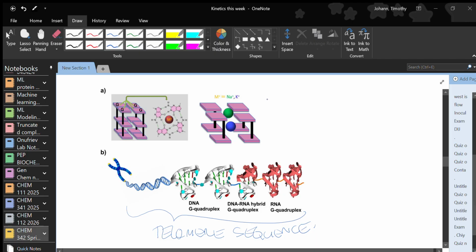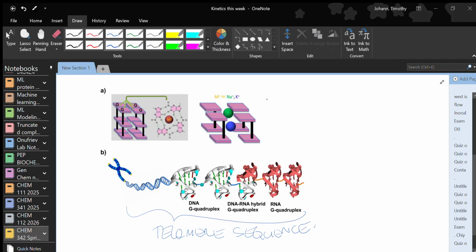And on that single-stranded end, each of these is a G quadruplex. So you end up with G quadruplexes, not necessarily just two. And then there are RNA G quadruplexes, which is new. I didn't learn that when I was in grad school.